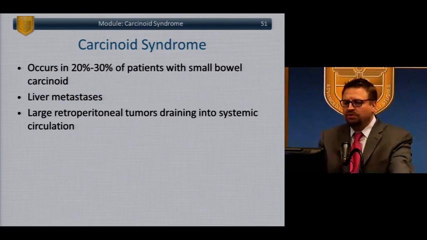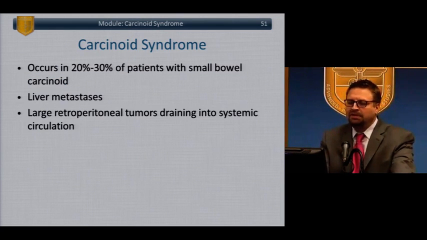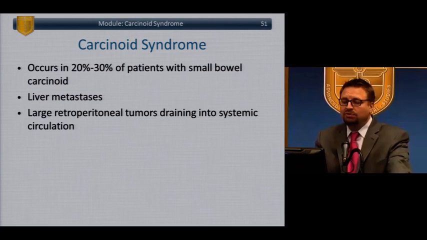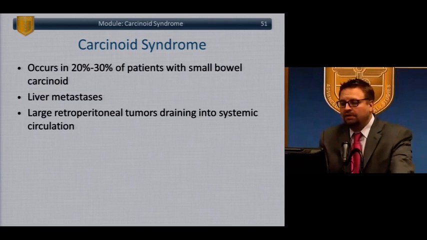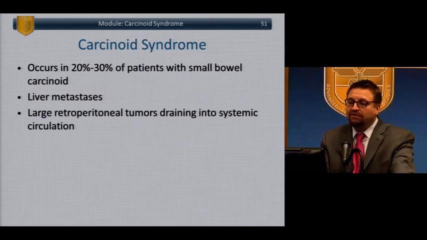So carcinoid syndrome occurs in maybe 20 to 30% of patients with small bowel carcinoids, usually in the setting of liver metastases. These tumors are secreting vasoactive peptides, but are mostly metabolized in the liver. So it's really usually in the setting of liver mets that you're going to see the carcinoid syndrome.